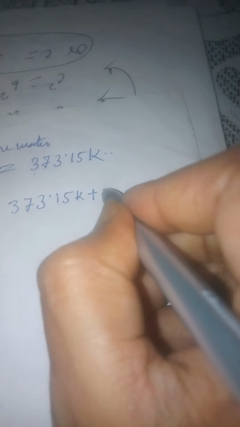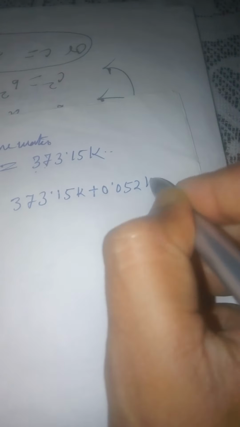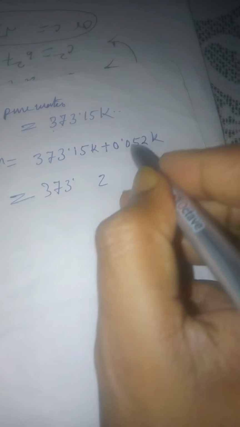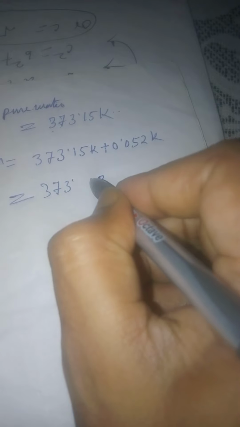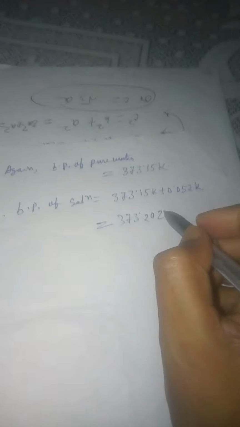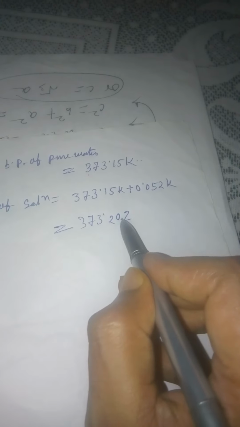So you add 0.052 Kelvin, and this will come out 373.202 Kelvin. So this is the boiling point of the solution.